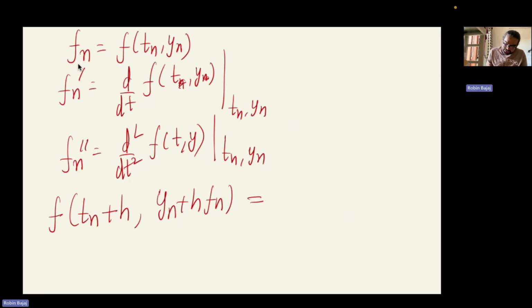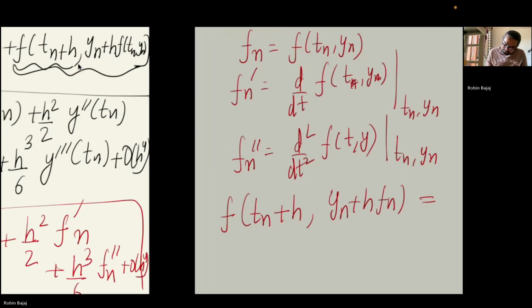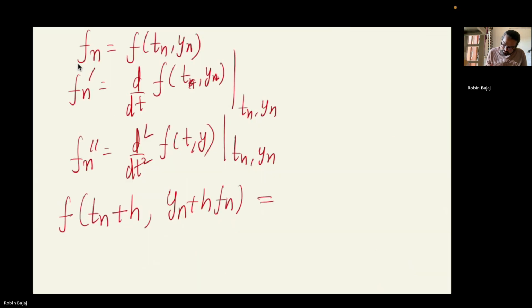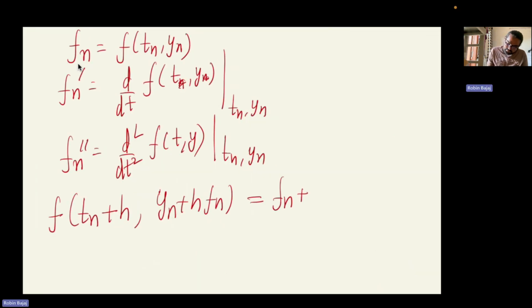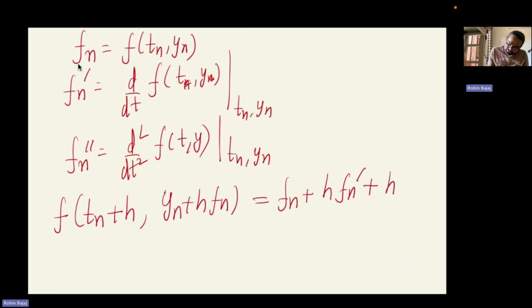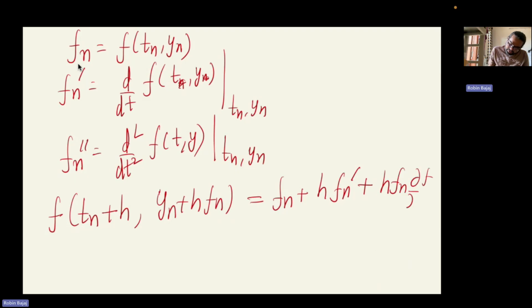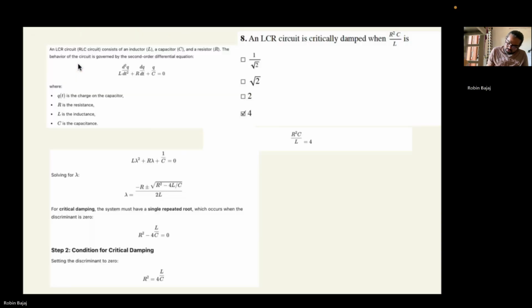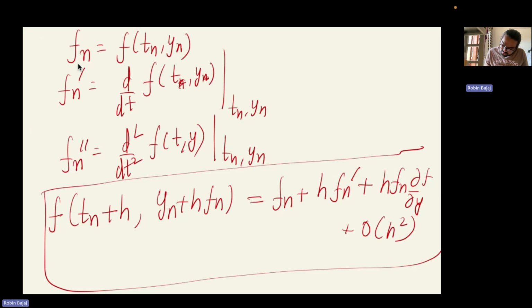Now if I expand it using the Taylor series, it is nothing but fn plus h times fn bar plus h times fn times del f by del y, plus order h square. Just a second, it's getting a little messy, but I have the full derivation in the presentation, so you can go through those steps very carefully later on.